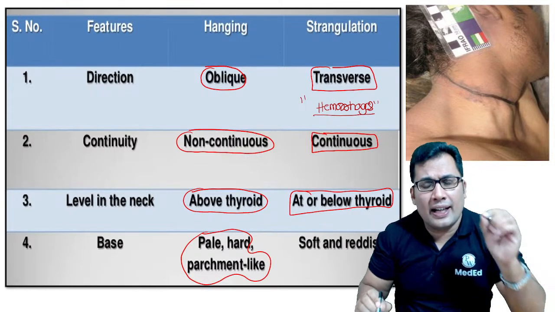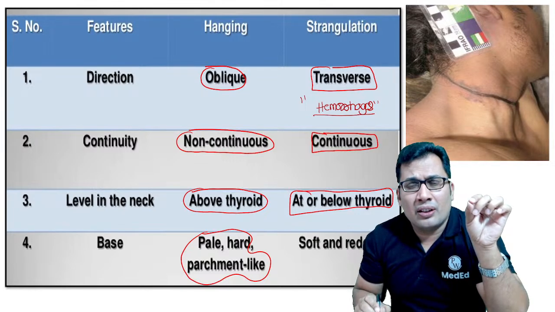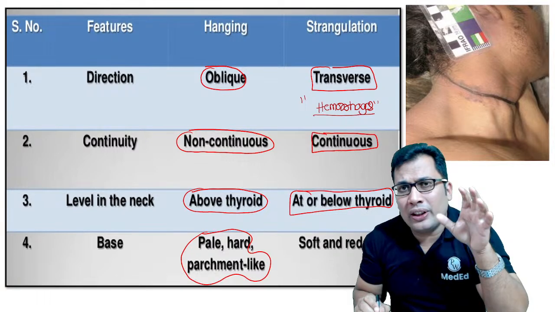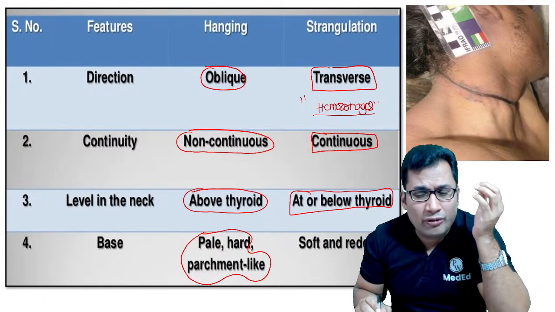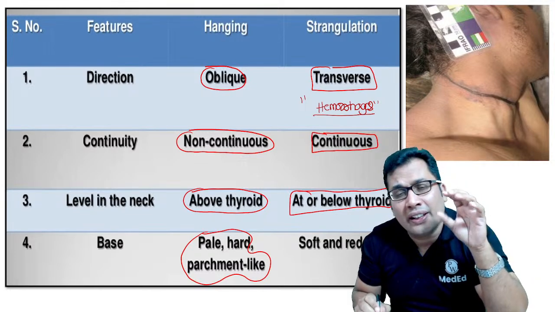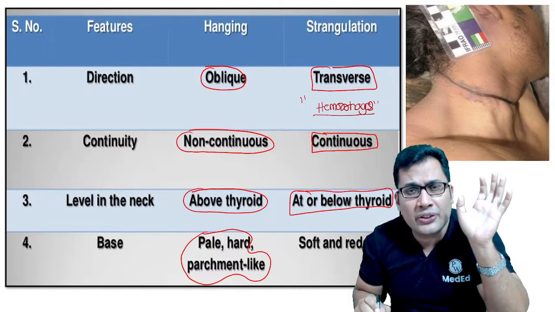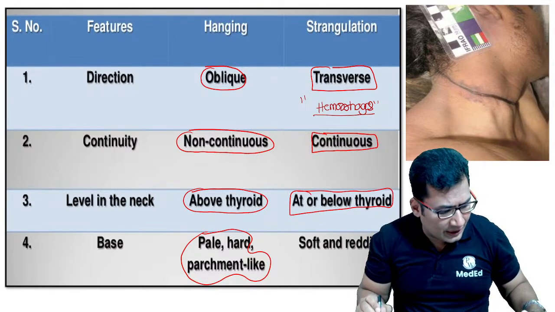The question can be asked in your upcoming exam. Subcutaneous hemorrhages are very commonly seen at the base of the ligature mark. When it is soft and reddish, it must be the ligature mark of ligature strangulation. So this is very commonly asked in the exam.